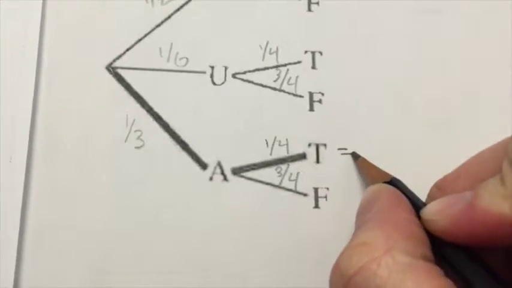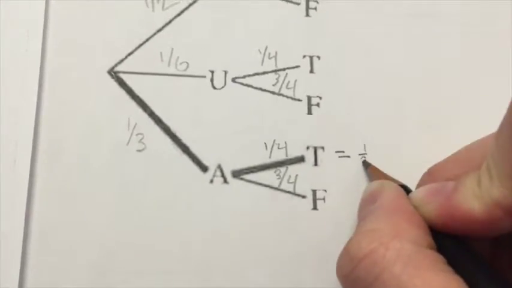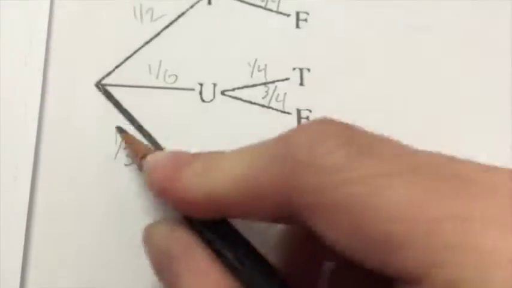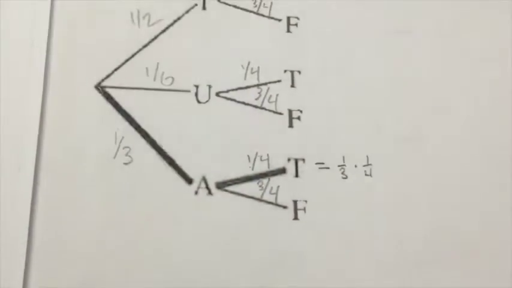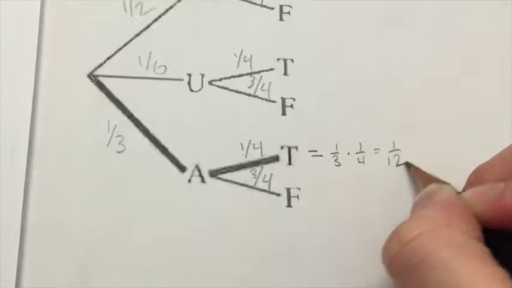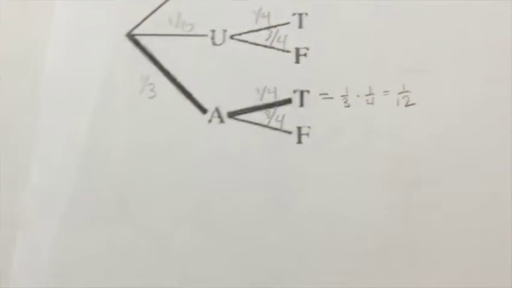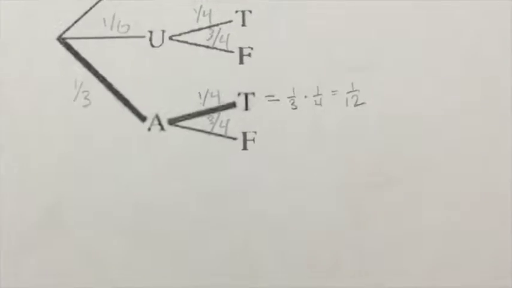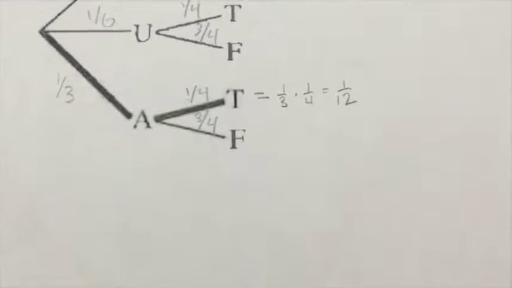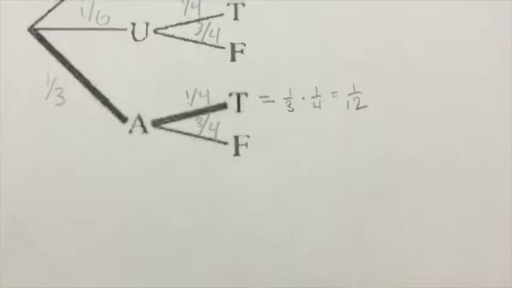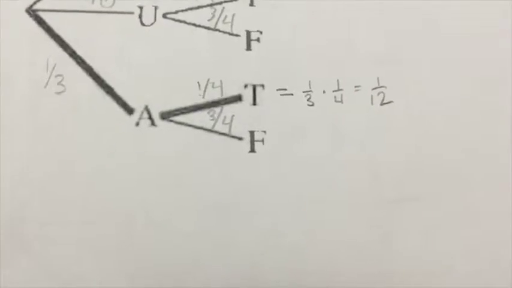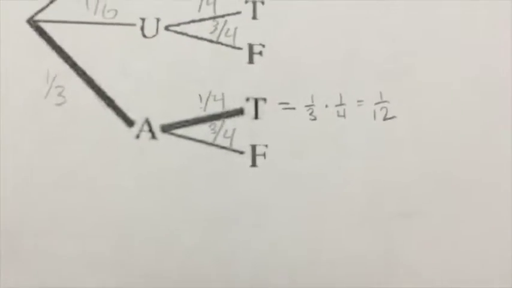So to get this outcome of at, I'm going to take the 1/3, I'm going to take the 1/4, so I'm multiplying my branches together, and I get a 1/12. So that's all that's saying, is that you can multiply your branches together, and you're going to get the same exact two-letter combination.